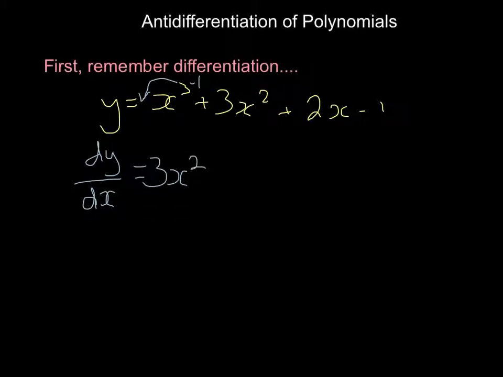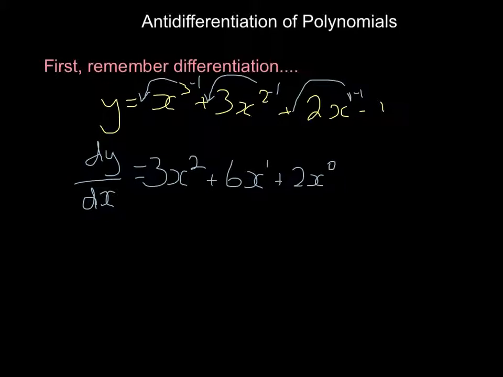Look at the next term, the 2 is going to come out, so we have 2 times 3 is 6x, and then we take away 1 from the power, so that gives us 2 take away 1 is power of 1, which we don't really need to worry about. This next term has an x to the power of 1, so we go 1 times 2, so plus 2, and then x to the power of 1 take away 1 will be to the power of 0.